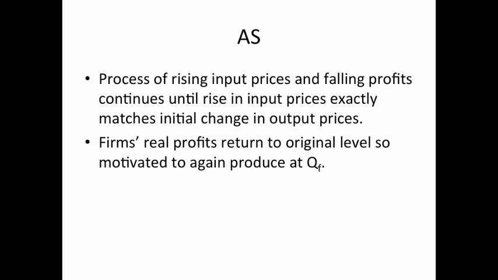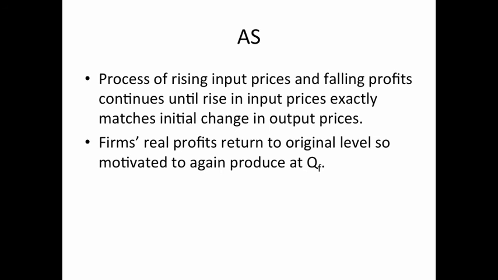So again, if output prices initially double, causing the firms to produce more, that pushes up wages, and wages will start to rise. Eventually the wages will double, and the firm's real profits go back to exactly where they were. If output prices double and then production costs double, the firm's real profits will return to where they were before there was any change.